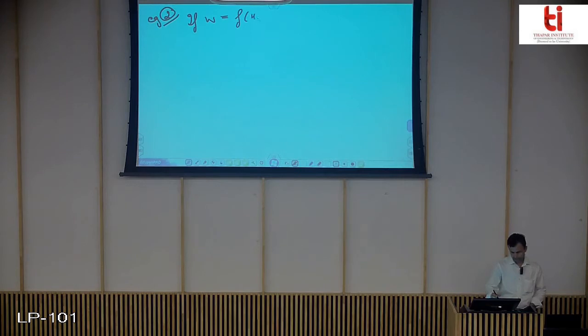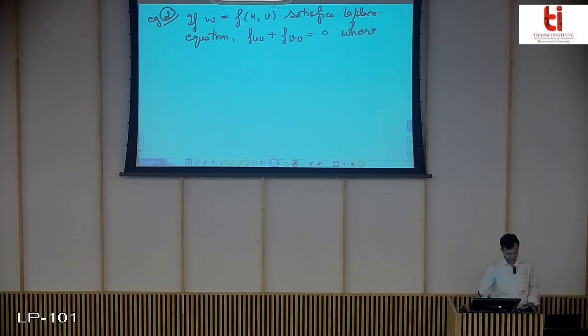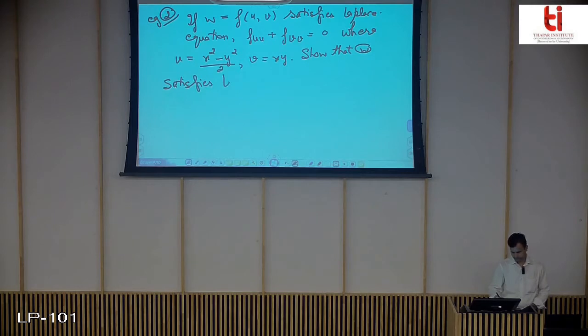If w is equal to a function of u and v that satisfies Laplace equation, that is f double derivative with respect to u plus double derivative with respect to v equals 0, where u is equal to (x square minus y square) by 2, v is equal to xy, so that w satisfies Laplace equation, this plus this equals 0.